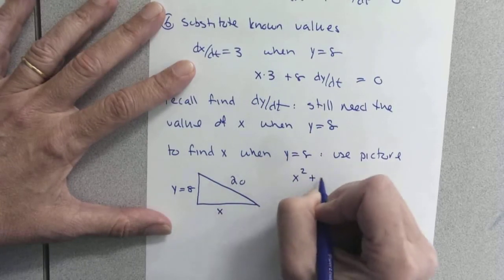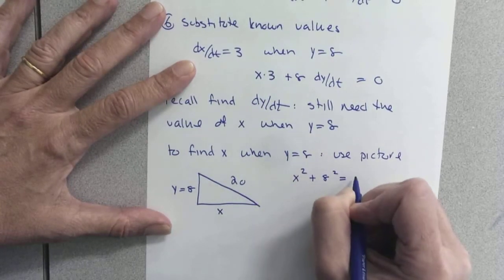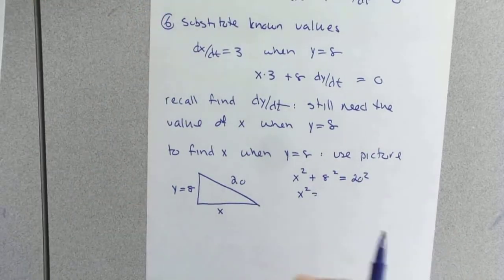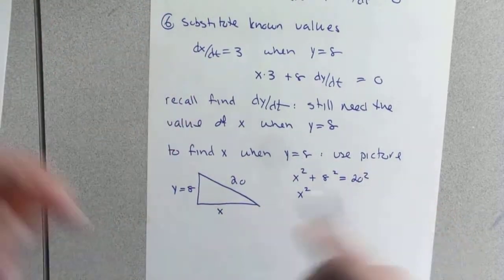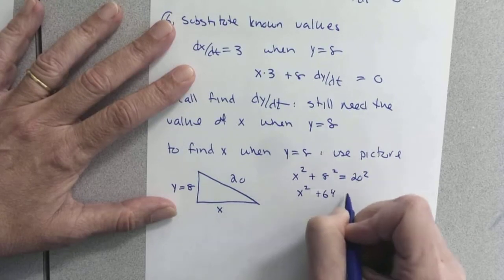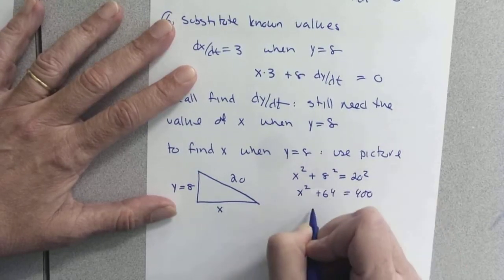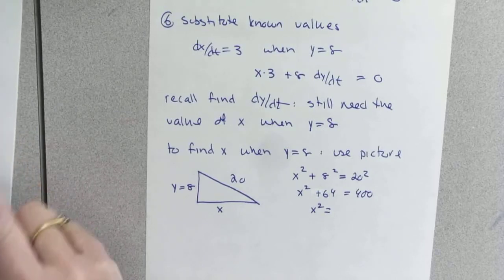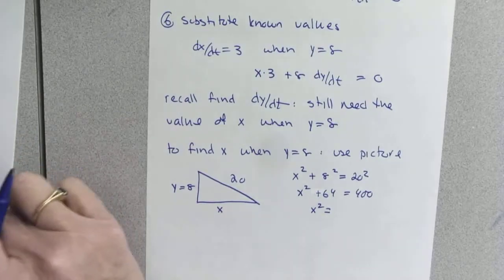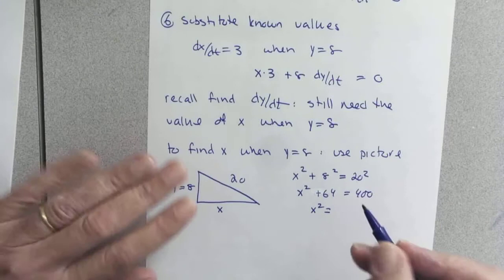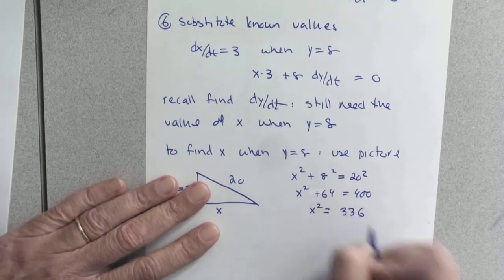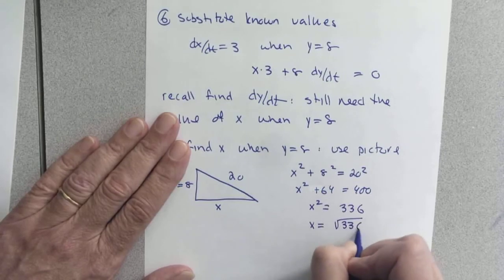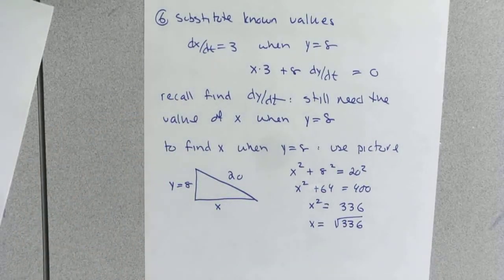And so that tells me x squared plus 8 squared equals 20 squared. x squared plus 64 equals 400. x squared equals, I should be able to do that in my head, but we'll ask the calculator, 336. And so x equals the square root of 336.